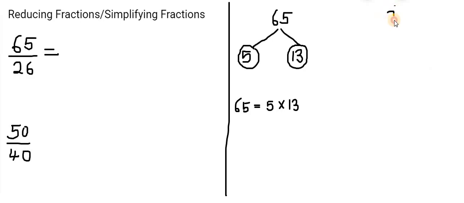And 26 ends in a 6. That's an even number, so 2 is a factor. Now, what goes with 2 to make 26? If you don't know, 26 divided by 2 in a long division will result in 13. Okay, 2 is a prime number. 13, as we established, is also a prime number.